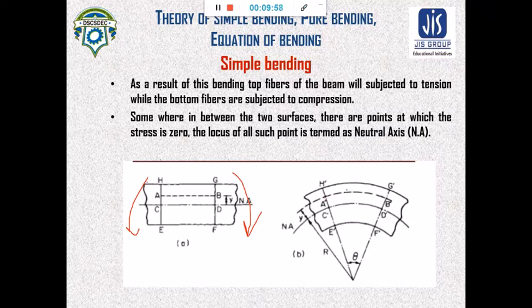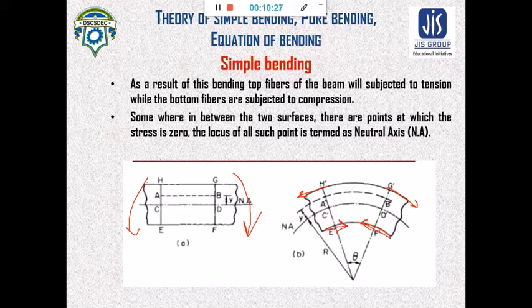This bending will give tensile force to the upper fiber. That means the upper fiber will try to expand, while the lower fiber will try to contract. In the lower fiber, compressive stress will be generated, so the lower fiber is subjected to compression.